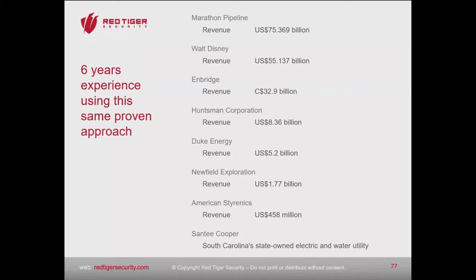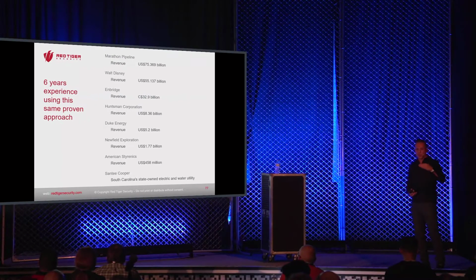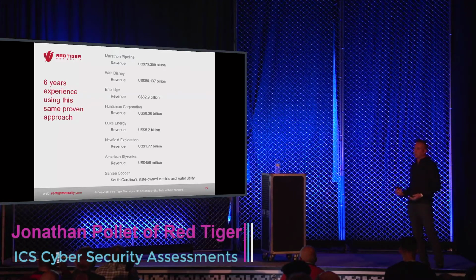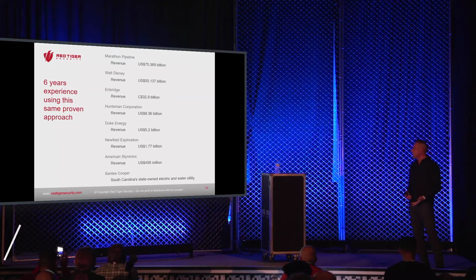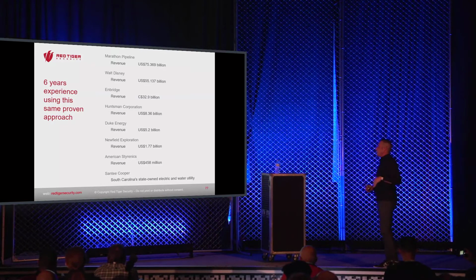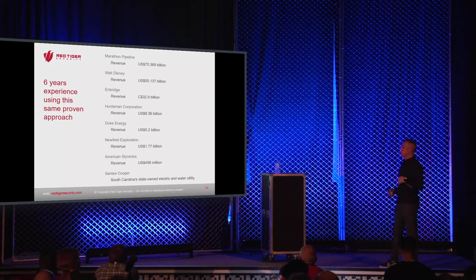We've been doing this same approach for the past 6 years, using the NIST CSF framework for the controls and procedures review, and then using the on-site process to get the technical view of those and validating that those controls are actually in place or not in place, and then rolling that up into a strategic roadmap, and then having the customer go through that roadmap and knock down those gaps over 3 years.